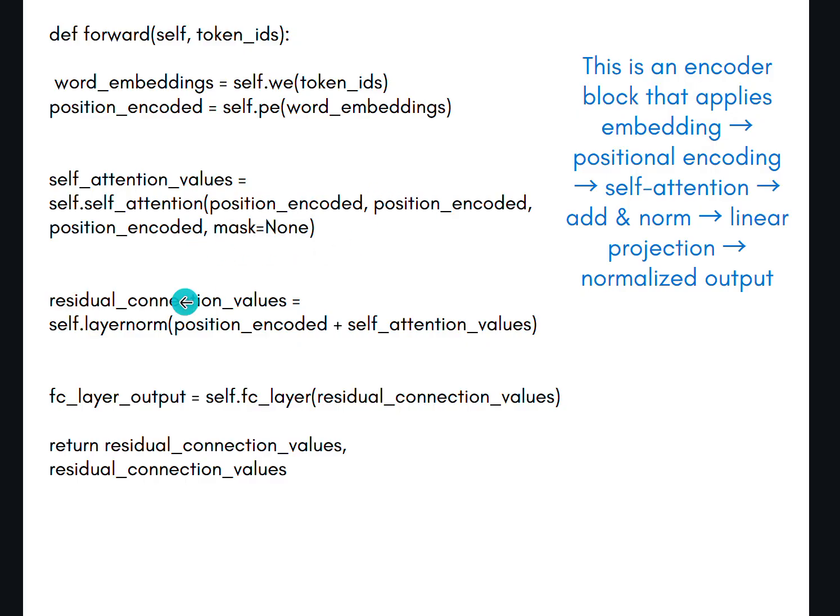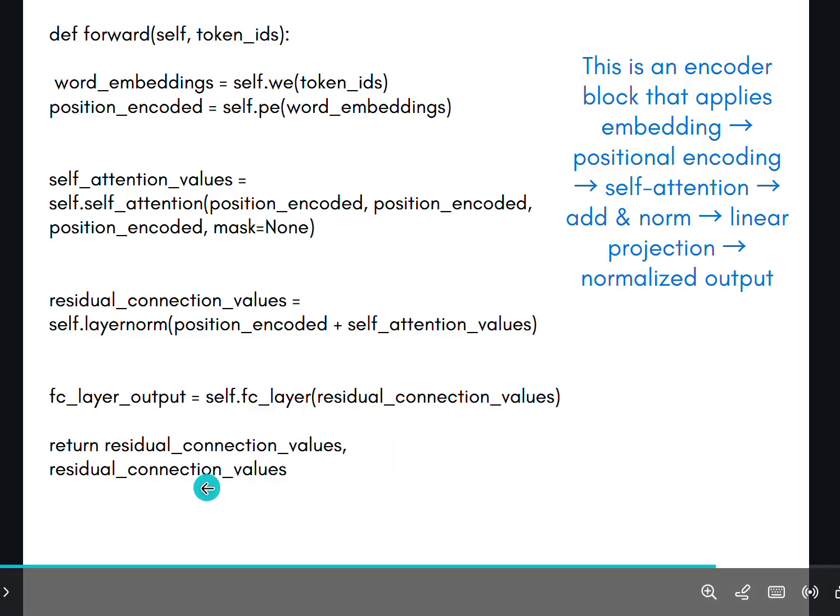Then this residual connection values stores now the value for both positional encoding plus the self-attention values, which is not stored in the self-attention value. That's the main reason why you use a residual connection value, followed by a fully connected layer output on the residual connection values, which returns residual connection values.